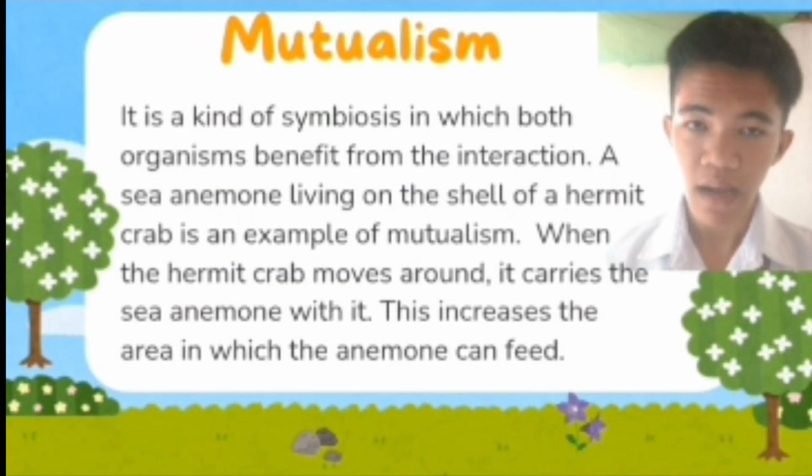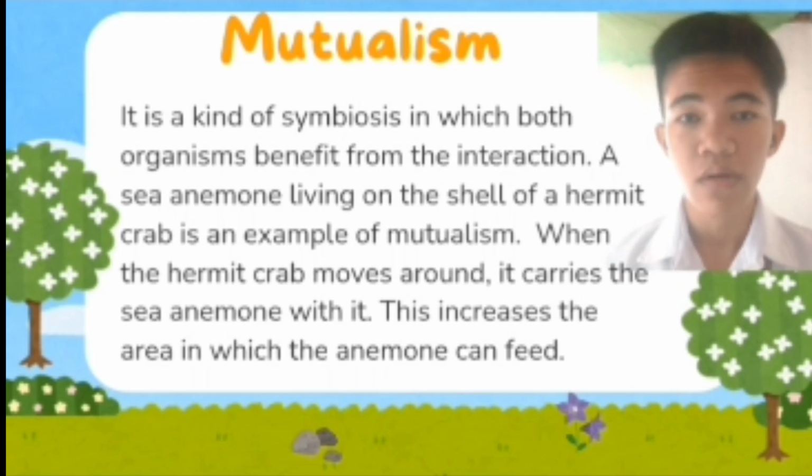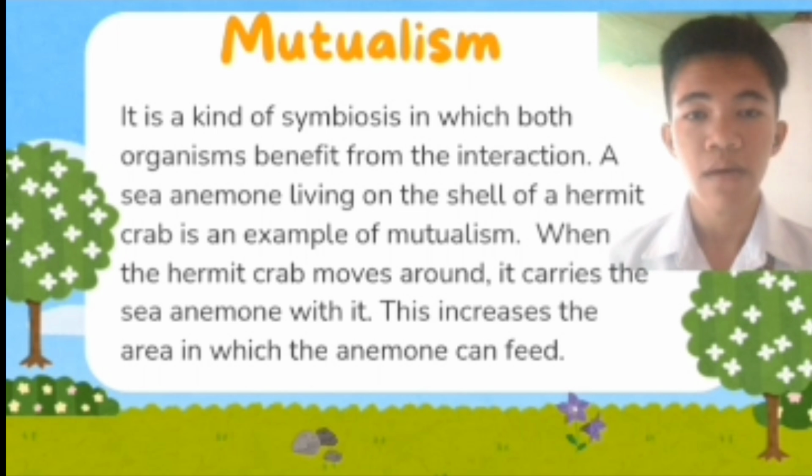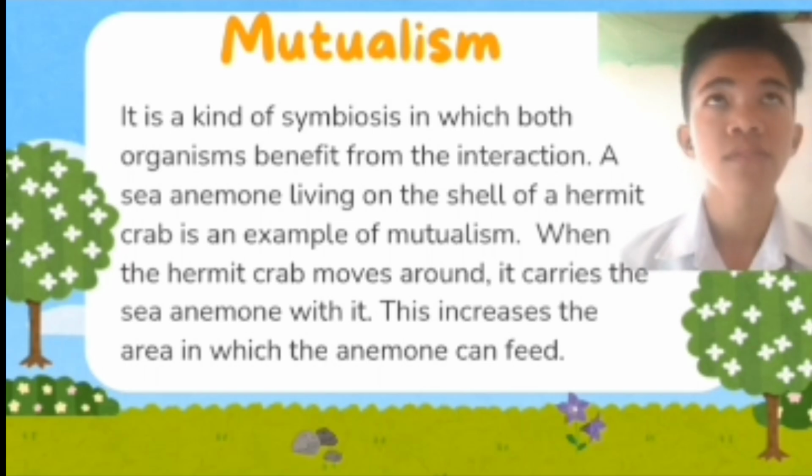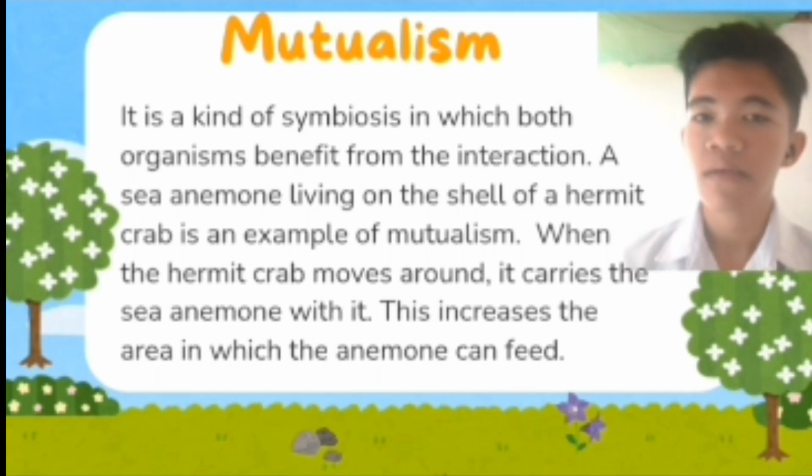Mutualism is a kind of symbiosis in which both organisms benefit from the interaction. A sea anemone living on the shell of a hermit crab is an example of mutualism. When the hermit crab moves around, it carries the sea anemone with it. This increases the area in which the anemone can feed.